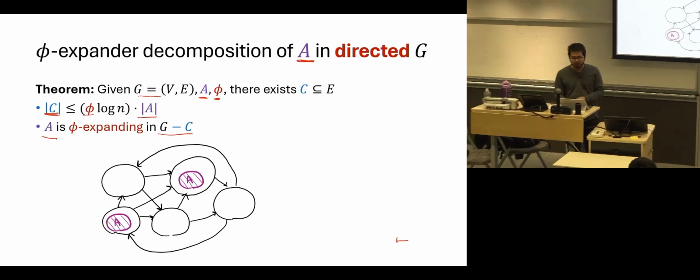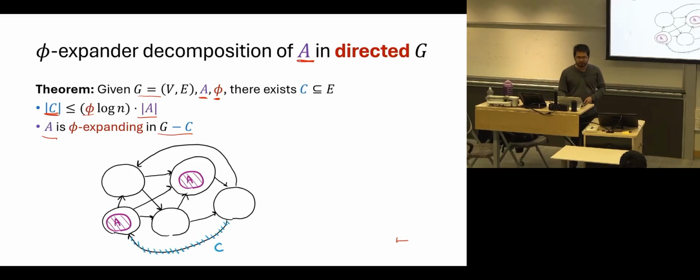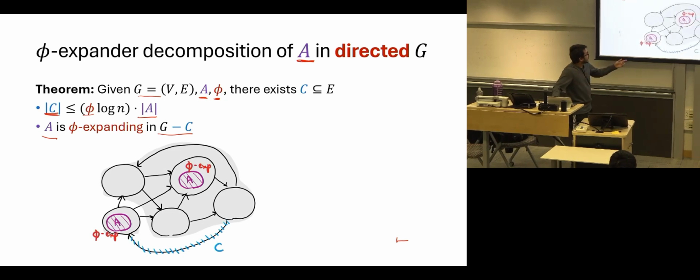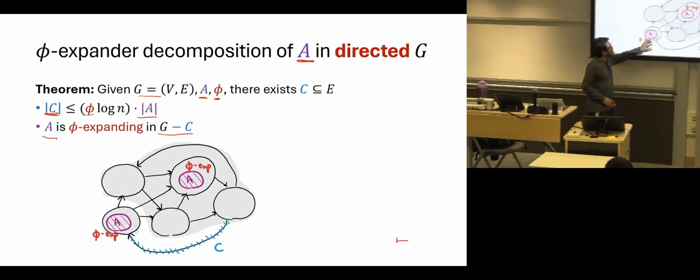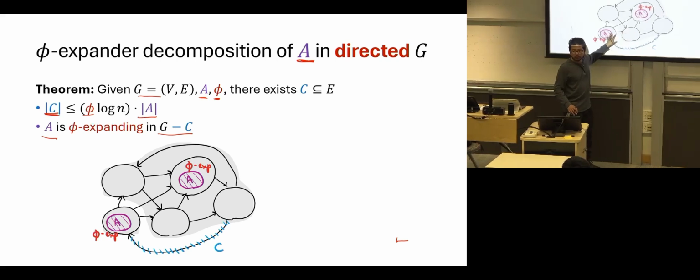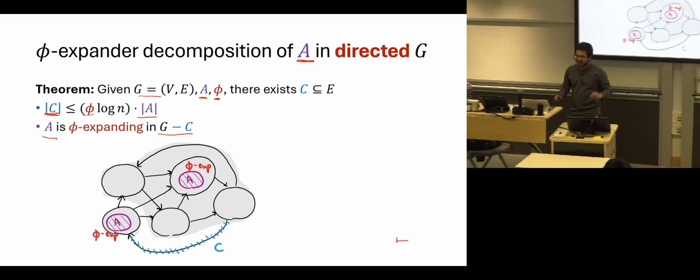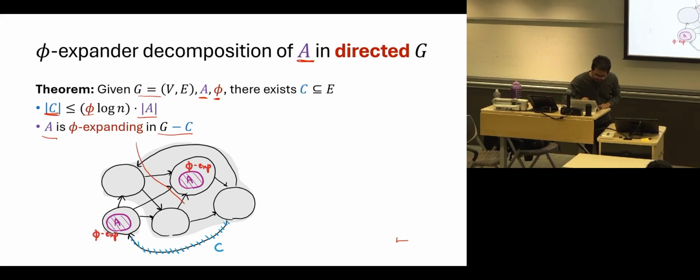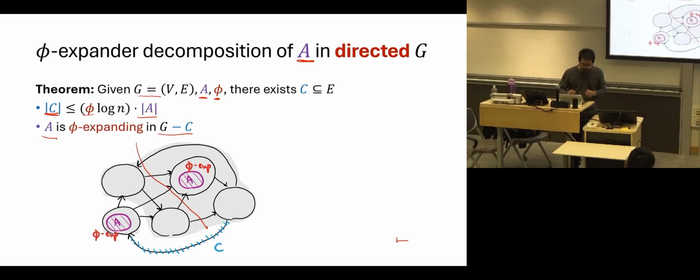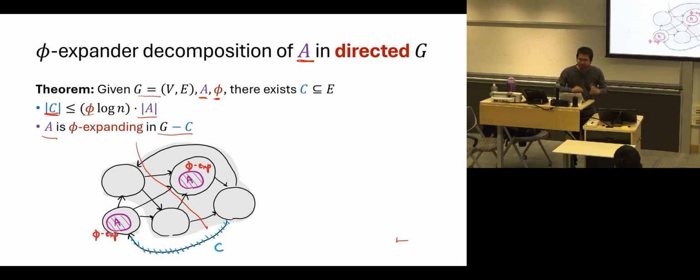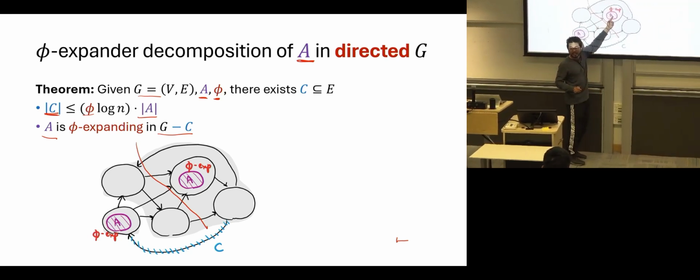I might just remove one edge, so that once I remove this edge, I now get 2 connected components, 2 strong components. This is now the big component. But A here is still expanding in this component, right? Because although there is some sparse cut here that separates this component, it doesn't separate A. So this sparse cut is not a sparse cut with respect to A.